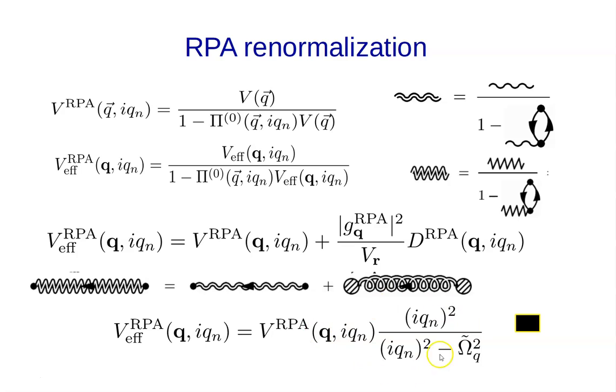So we just derived this, and here we introduce the renormalized plasma frequency, and you argue that this is linear with Q for small values of Q, so this behaves like an acoustic phonon. So now I have an effective attractive potential for frequencies smaller than this renormalized frequency.